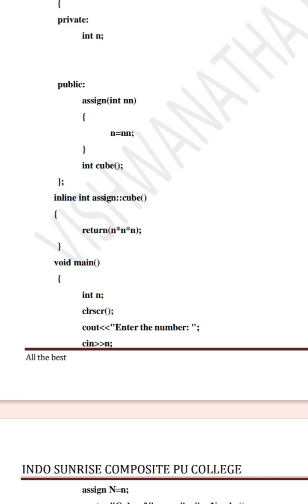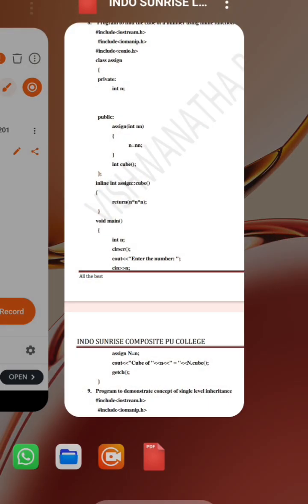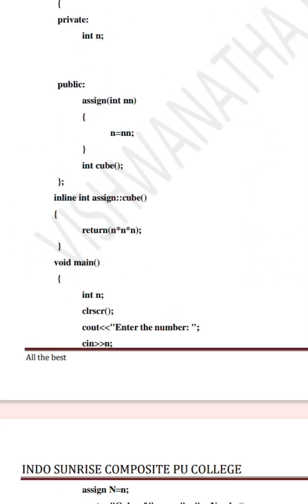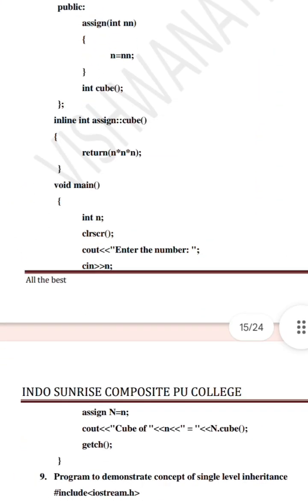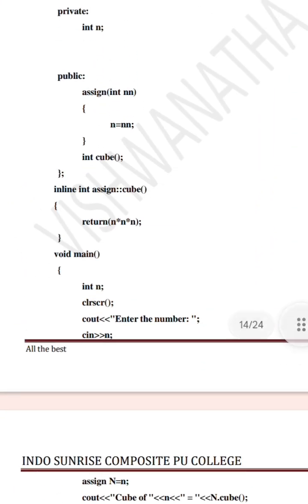The next concept we discussed here is how to initialize values to the objects. Here we use one constructor. What is the name of the constructor? The parameterized constructor. Here the constructor is assign.